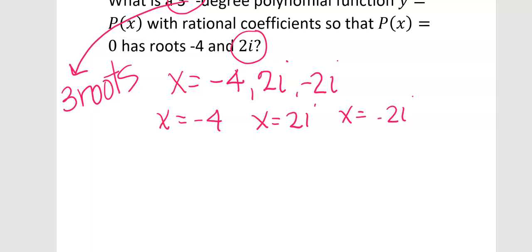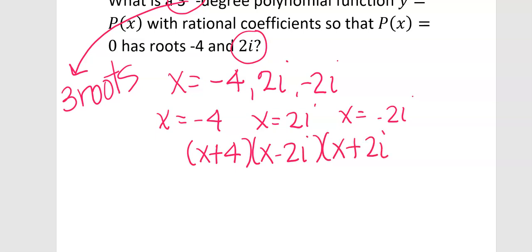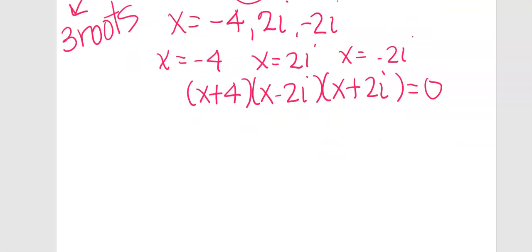You're bringing everything to the left. So I added 4 on this one. I subtracted 2i on that one, and I added 2i on the last one. It equals 0, just like they told us, and now we will multiply them.